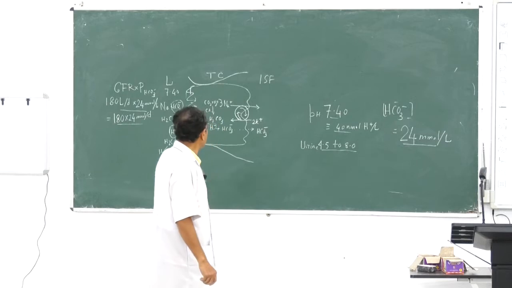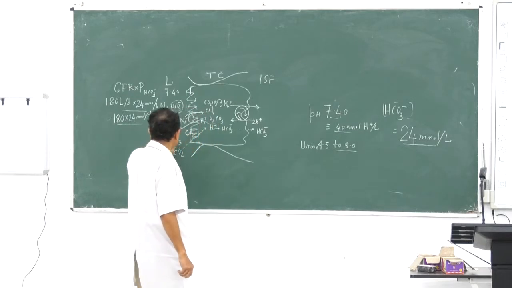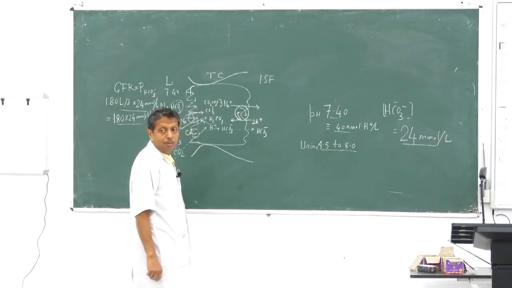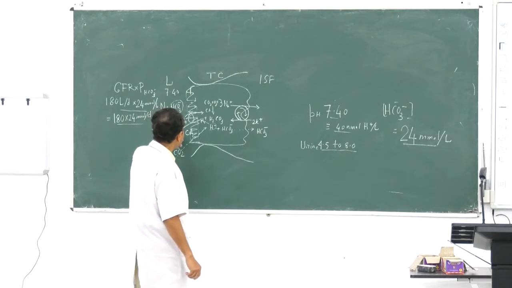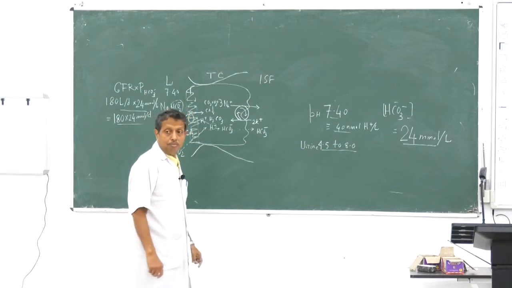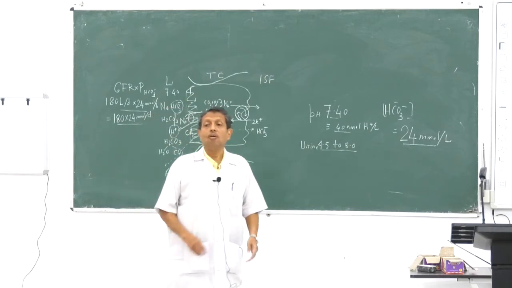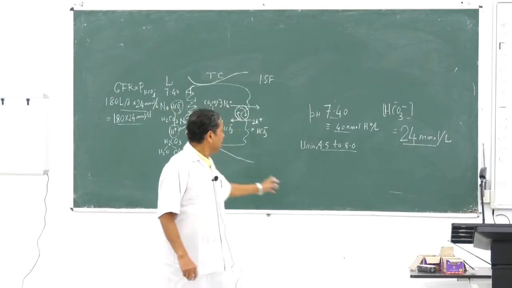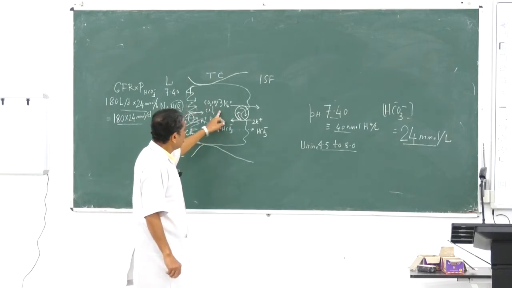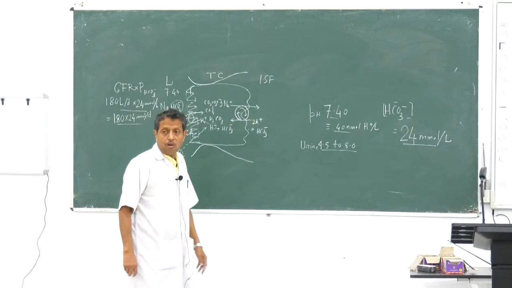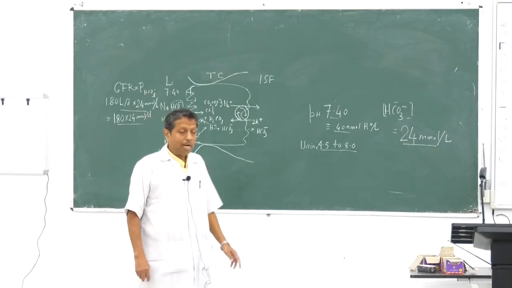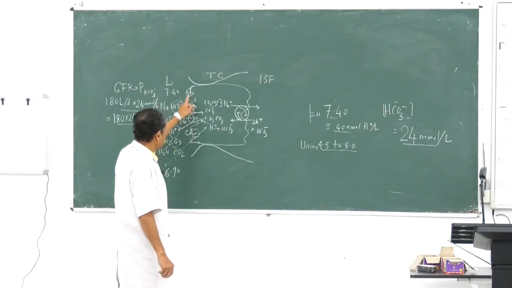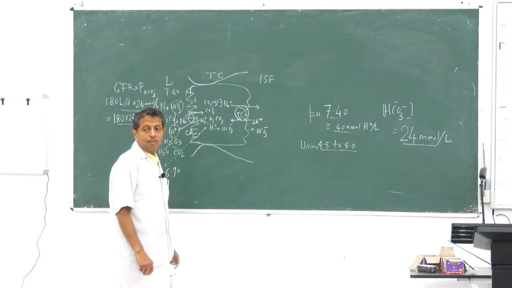But in the proximal tubule, the fall in the pH is minimal, because this hydrogen ion unites with the bicarbonate ion and there is carbonic anhydrase in the brush border membrane. That is present only in the proximal tubule. Carbonic anhydrase is present within the cytosol of all the tubular cells, but it is exclusively present in the brush border of the proximal tubule.